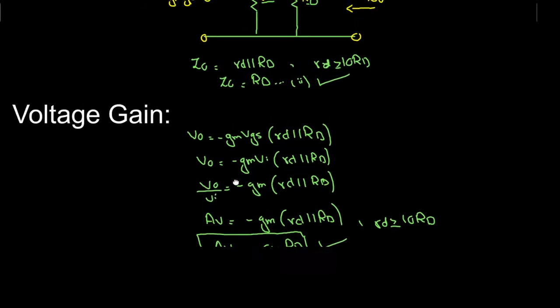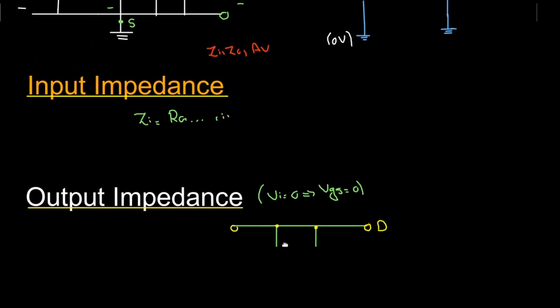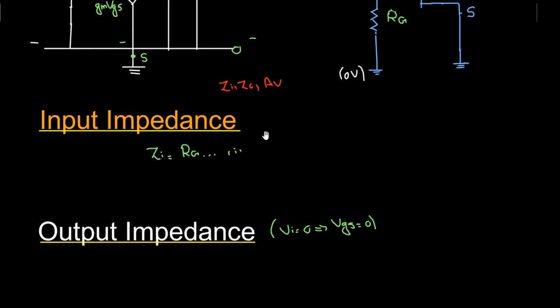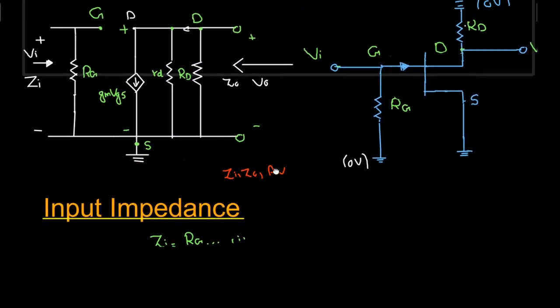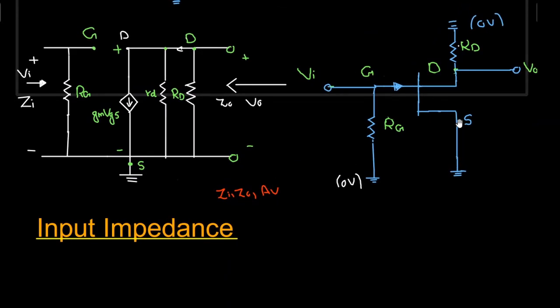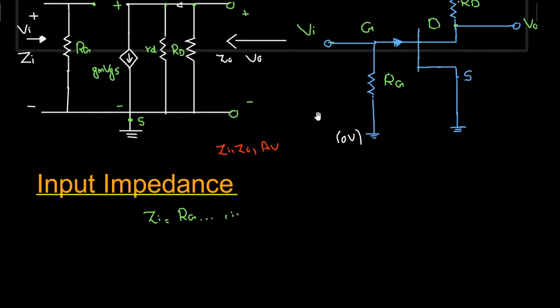If you see these equations, you will find out that the input impedance, the output impedance, as well as the voltage gain are the same for the fixed bias configuration as well. So when we have the bypassed RS, the equations for the input impedance, output impedance, as well as the voltage gain are the same for the fixed bias as well as self bias configuration.